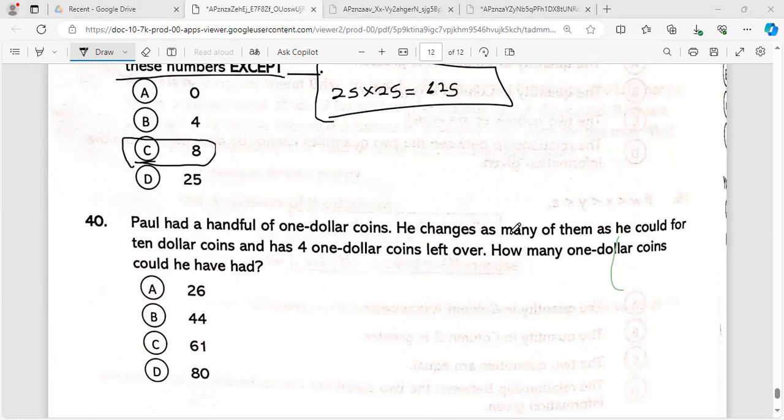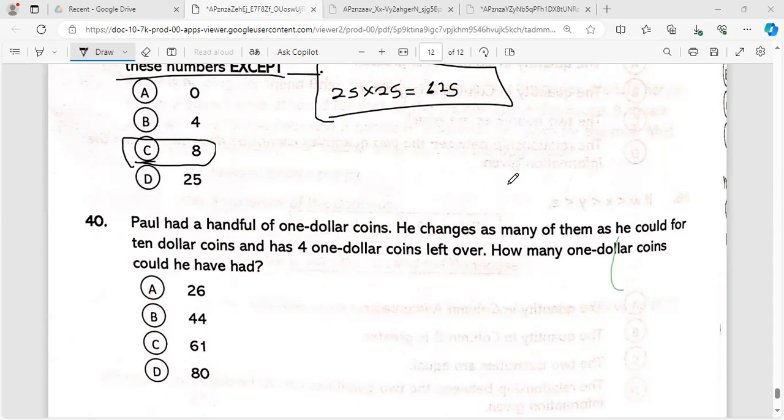Make her answer first. Sir, I think it's... What's your response? Sir, 80. Sir, can I do it? Yeah, go ahead, Juvain. Sir, I disagree. What's your response? Sir, my answer is B, 44.